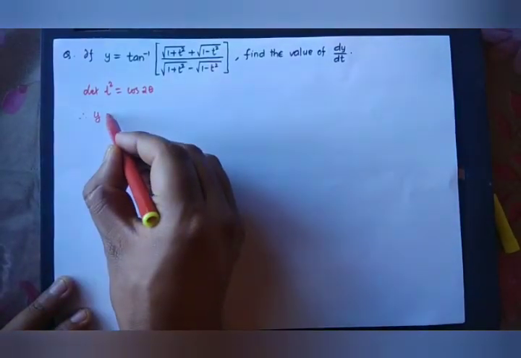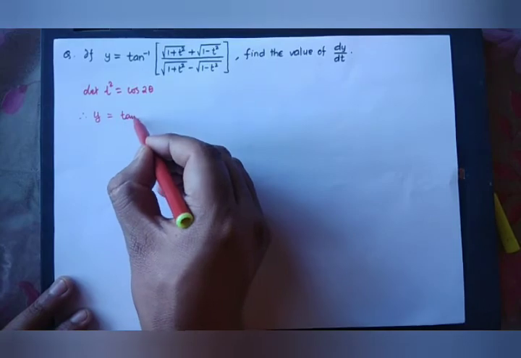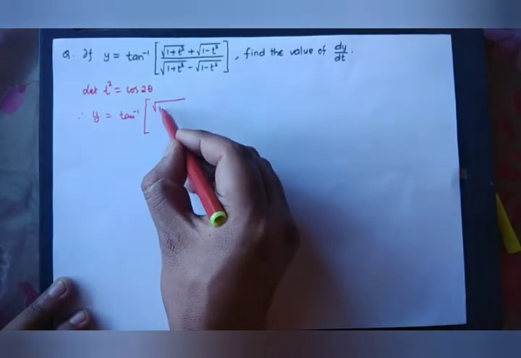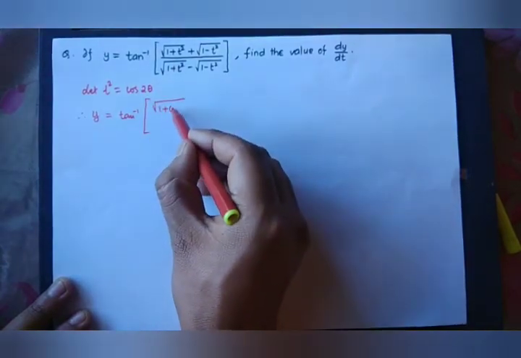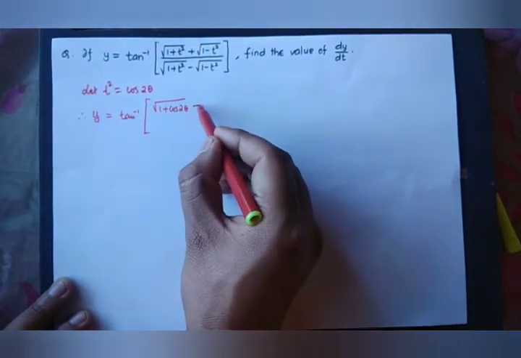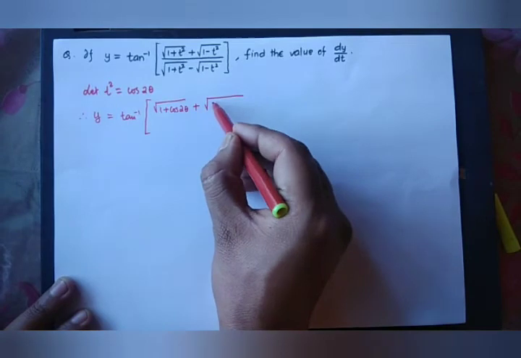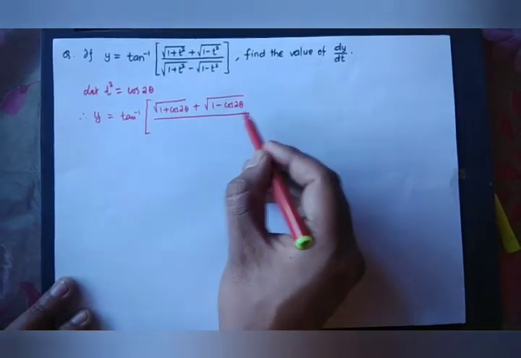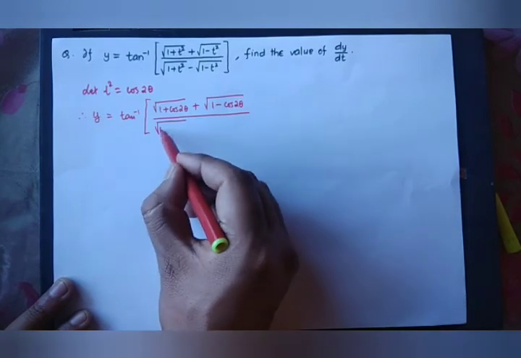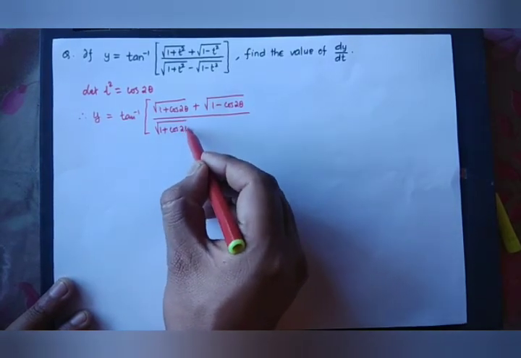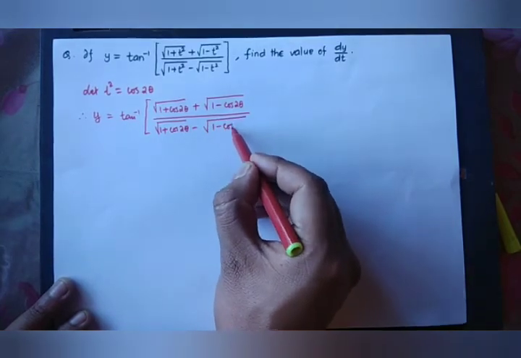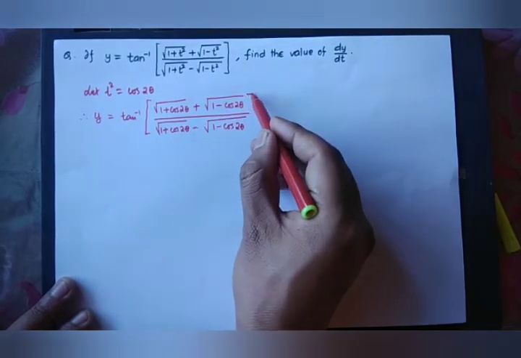So we have y equals, therefore y equals tan inverse of square root of 1 plus t square is cos 2 theta plus, similarly, 1 minus cos 2 theta by square root of 1 plus cos 2 theta minus square root of 1 minus cos 2 theta, right?